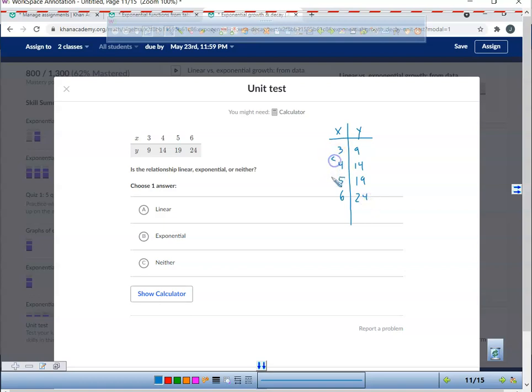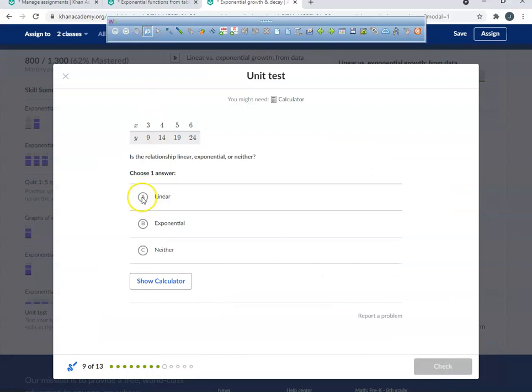So these are all going up by ones. That goes up by a 5. That goes up by a 5. That goes up by a 5. So this is a linear relationship. It's going up by a constant rate of change, known as your slope. So I'm going to say that's a linear function.